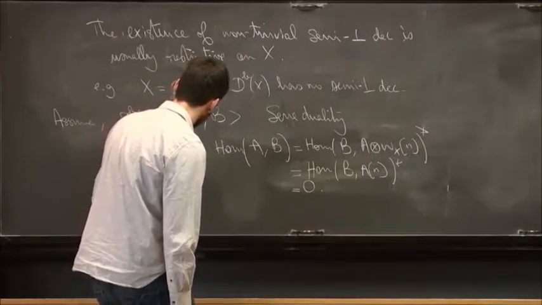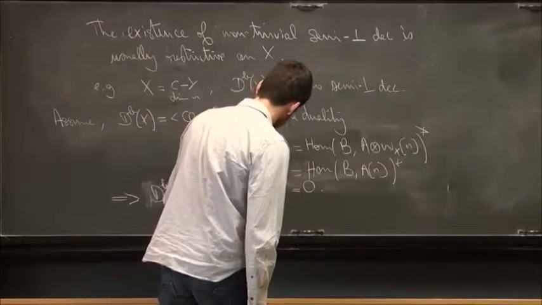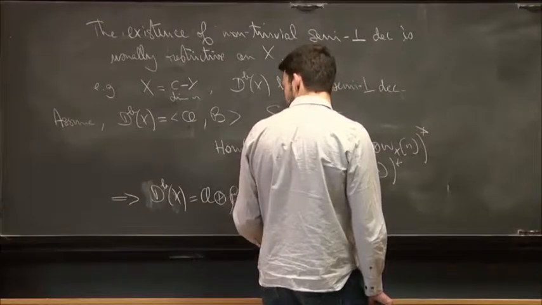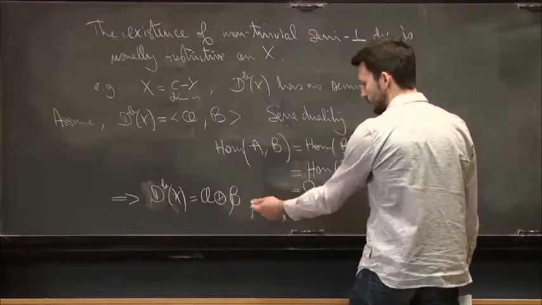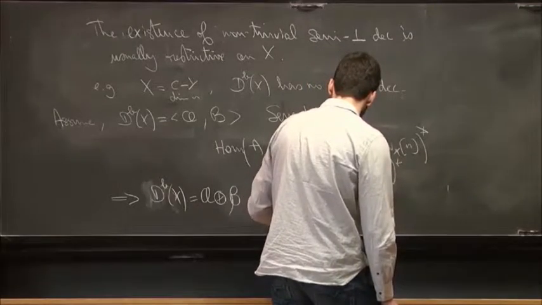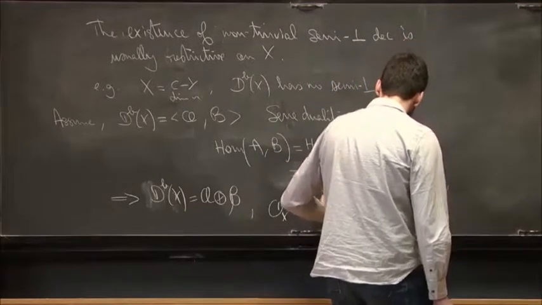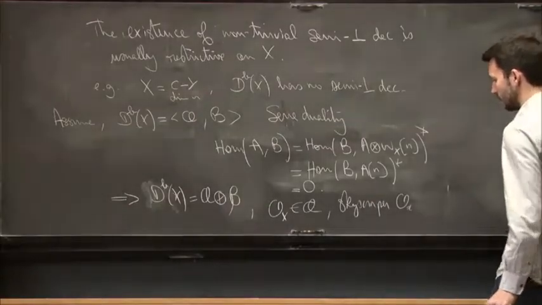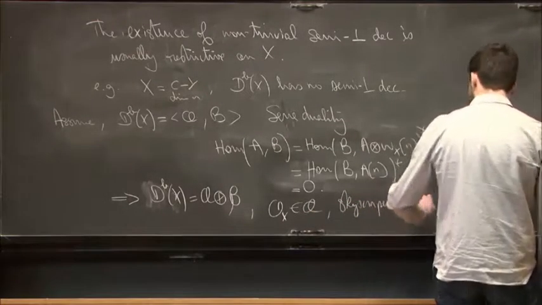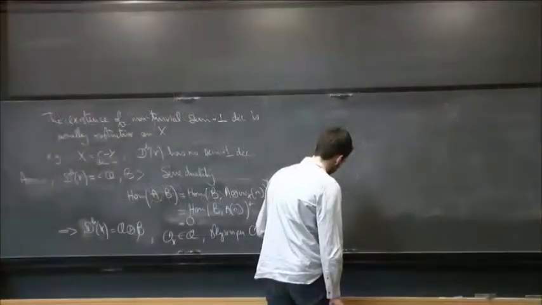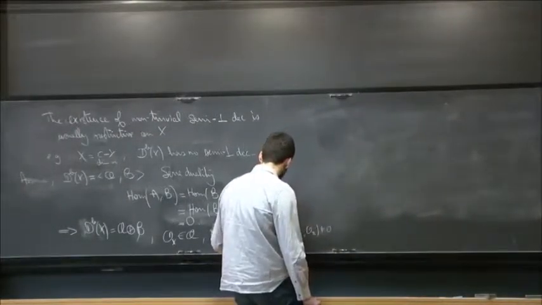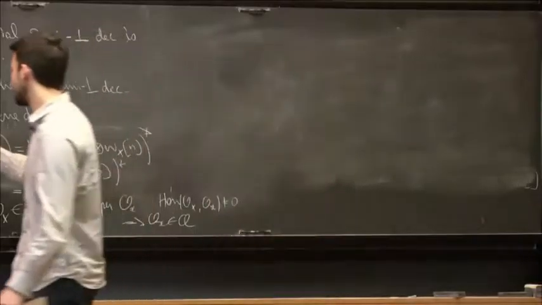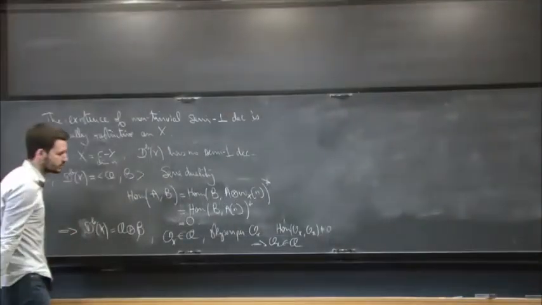This implies that D^b(X), so let's write it like this, is just A plus B. Okay, so then the idea is to say that the structure sheaf O_X belongs, because X is connected, either to A or B. So let's say it belongs to A. Then we consider the skyscraper sheaves O_x, and because O_x is non-zero, this implies that O_x belongs to A. Okay, but then the elements in B have no morphisms to skyscraper sheaves, so they're all 0.